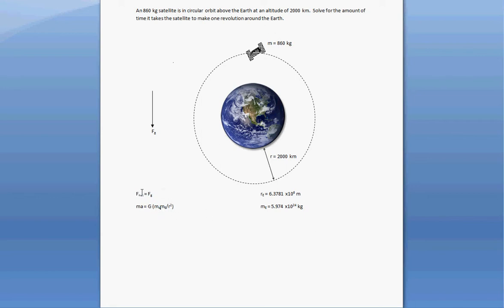Next we're going to determine which mass this m is here. Well, this is the mass that is accelerating, and the Earth is not the thing accelerating, it's the satellite going around in a perfect circle. So this must be the mass of the satellite.